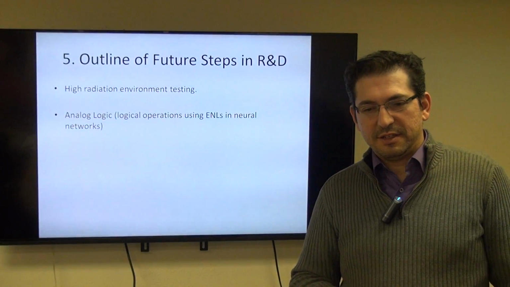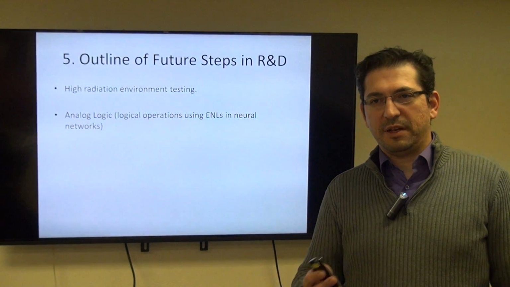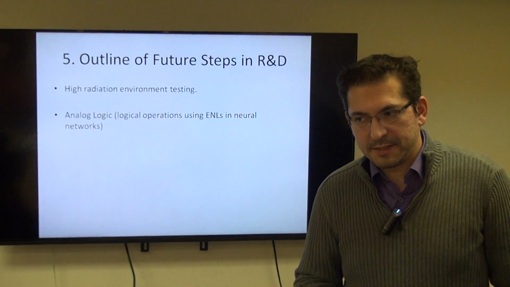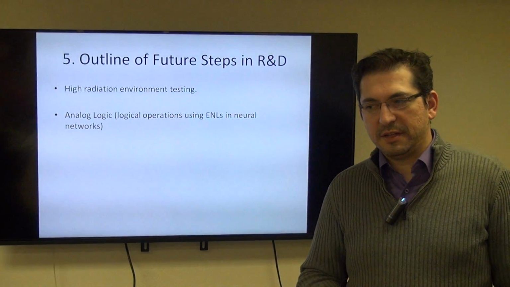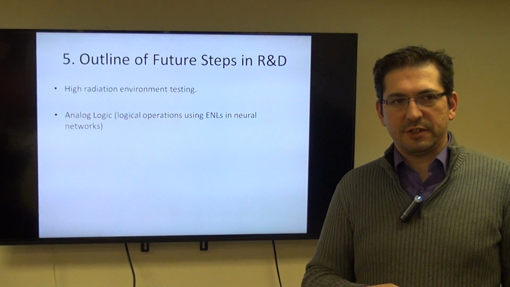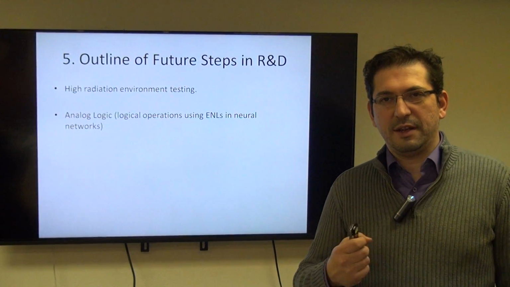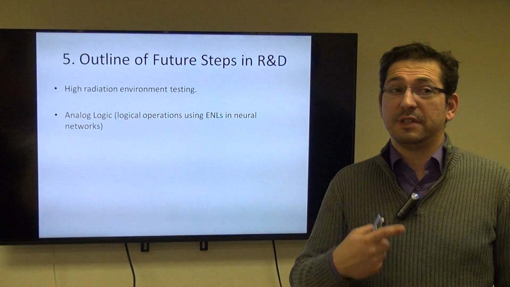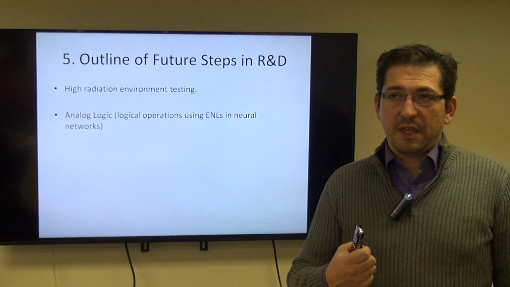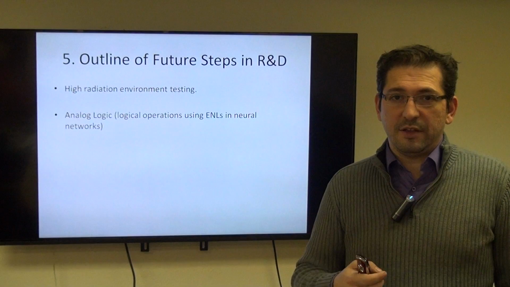Analog logic. That's another pet project. Because of the way the ENL works, this was early research into whether we could use ENLs to build neural networks. The neural networks that are currently used are digital.